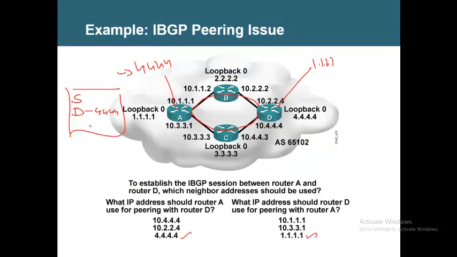It will be either this or this. Let's say 10.1.1.1. When this packet goes here, is it matching with the neighbor statement? When the packet goes to router D, it should match with the neighbor statement. Is the source matching with the neighbor statement?